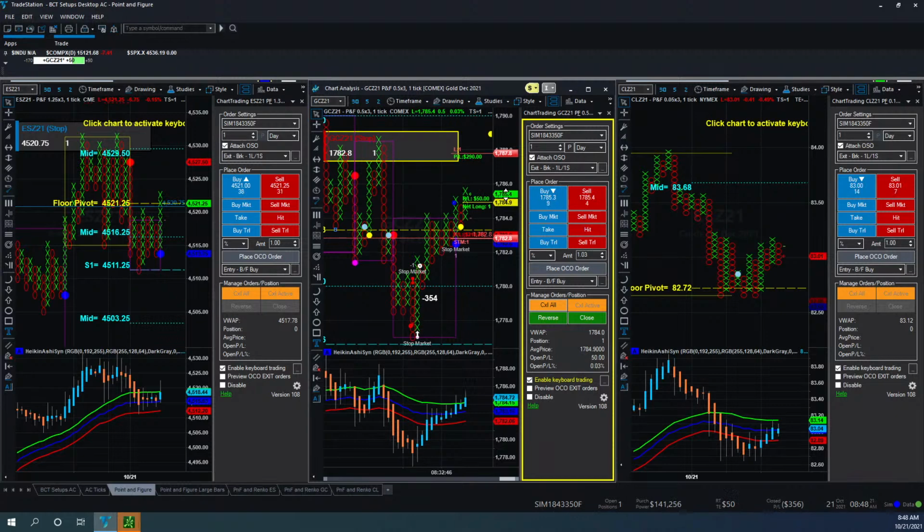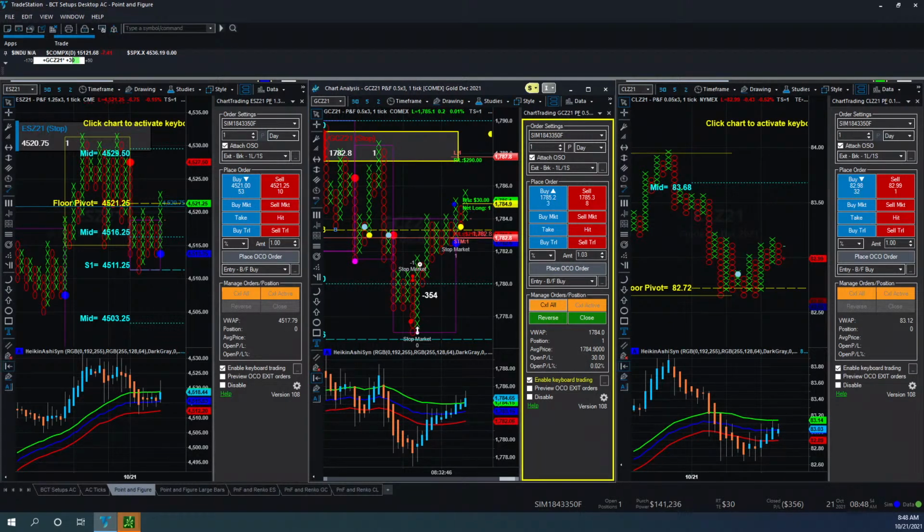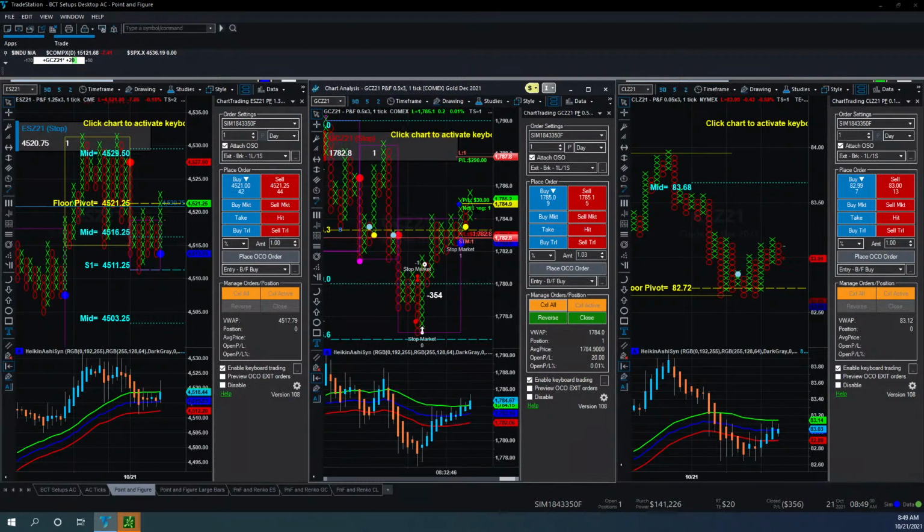So let's see how it plays. It's trying to go higher, but $1788.7.